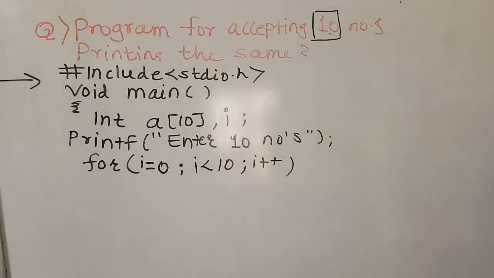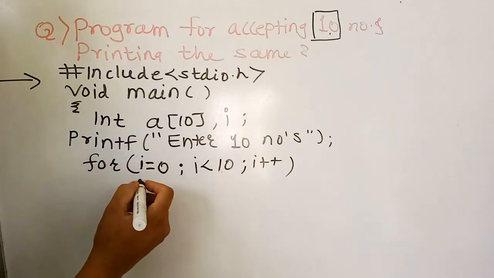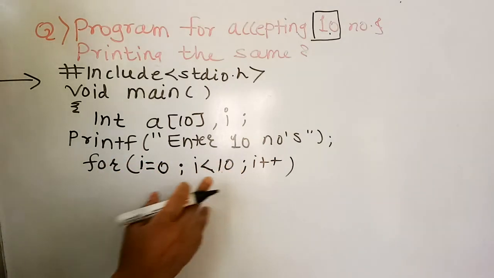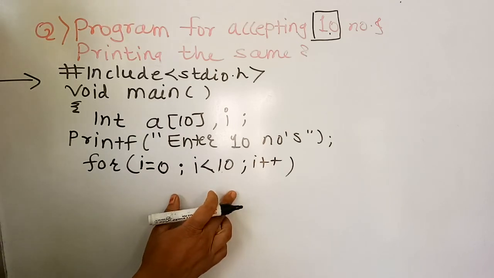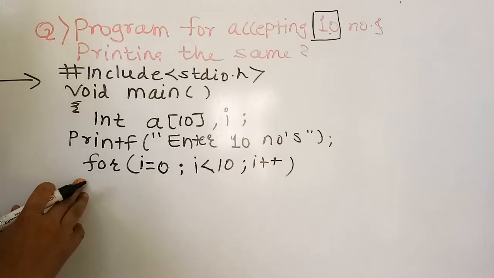What does this for loop perform? It maintains the counter, to check whether the user is entering exactly 10 numbers, not less and not more than 10. For that purpose, we are using the for loop.